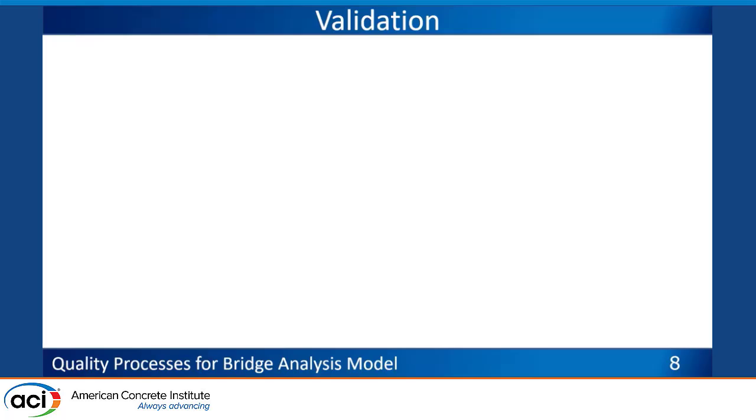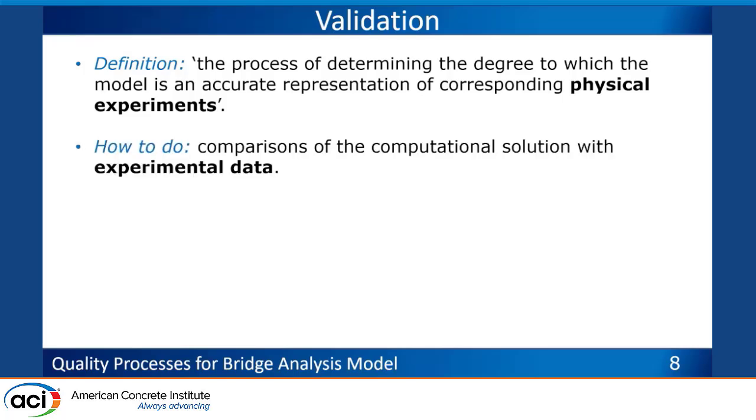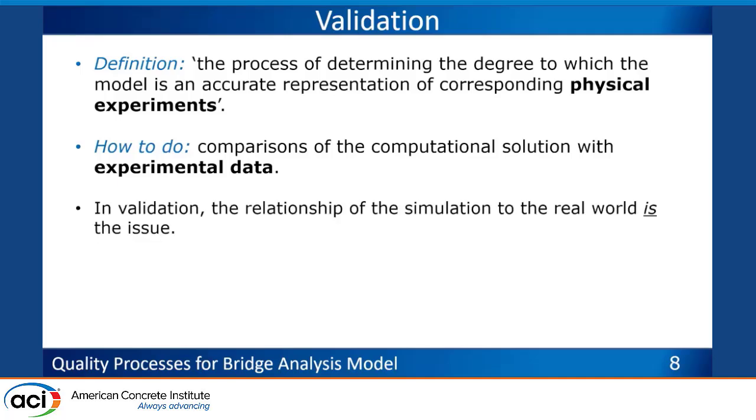Are we representing the physical behavior expected from that system, right? So we are looking for physical experiments to conduct a validation study. So you need experimental data. That's the number one requirement for validation. And you are looking at how the system represents the real world, right?